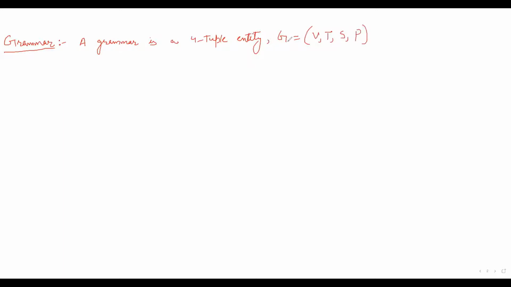So it has four parts. Every grammar has four parts. And what are those four parts? The first is V. V is the set of variables, or I can say these are non-terminal symbols.